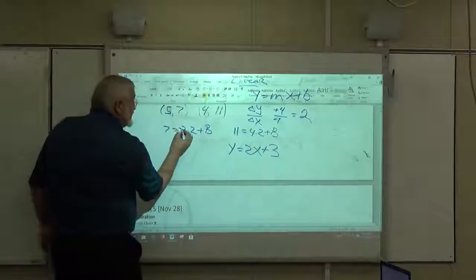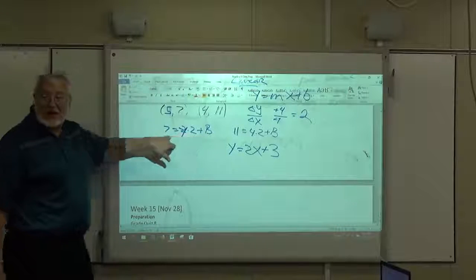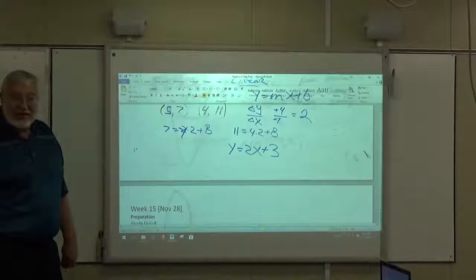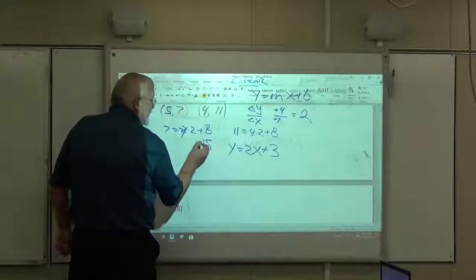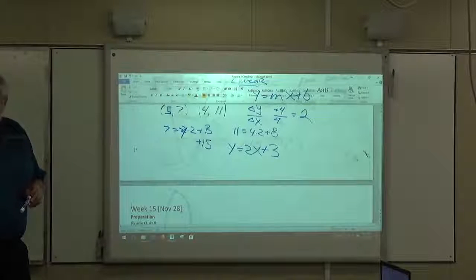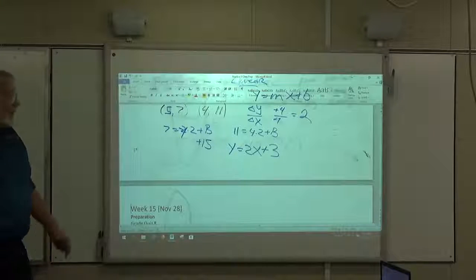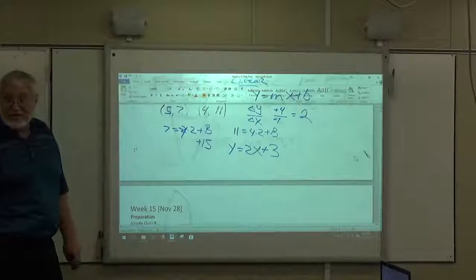And so if this is negative 4, now I have negative 8 plus how much is 7? 15. b is 15. Right, so math can change with just one little change in slope. But this y equals mx plus b is whatever it is.